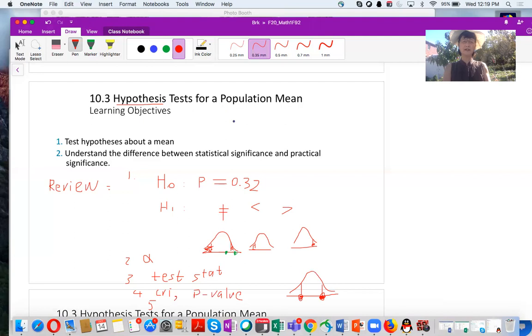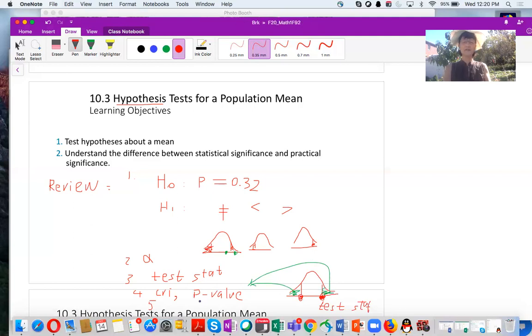So what is the p-value? P-value is the area corresponding to test statistic. So this area plus this area, that is your p-value. So this is two-tailed test. When you have one-tailed test, the p-value is just the area on the one tail.